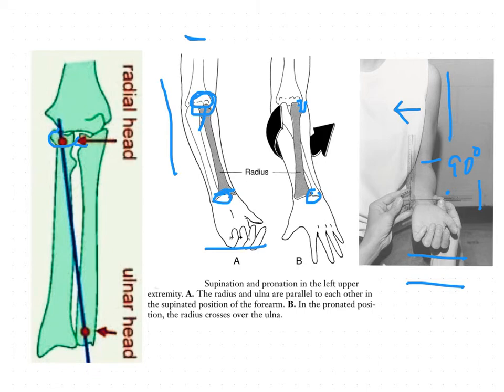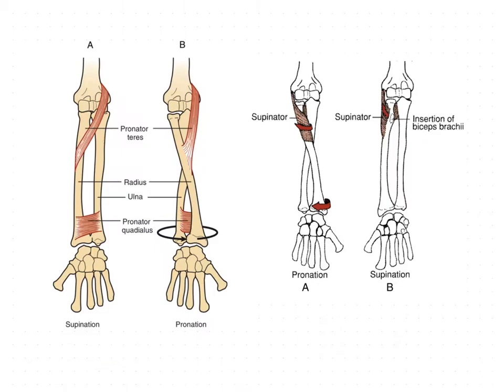So the primary muscles associated with the radio-ulnar joints are the pronator teres and the pronator quadratus, and the next one is the supinator and also the biceps brachii. Now we will see the pronator teres. The pronator teres has two heads, one is the humeral head and the other is the ulnar head.